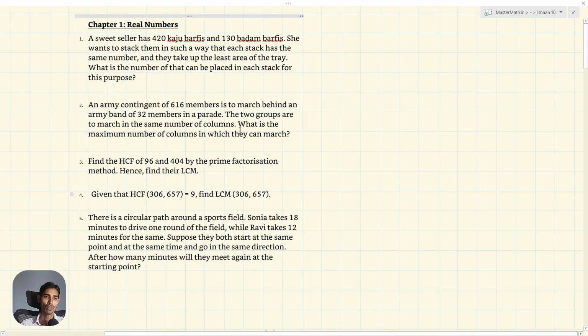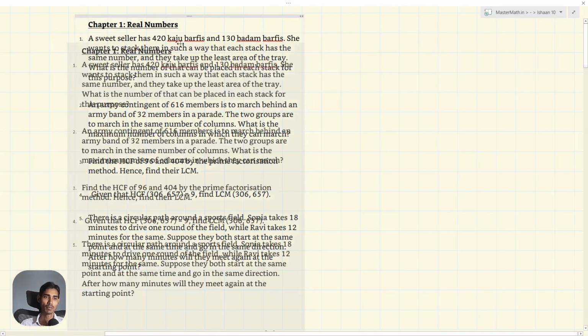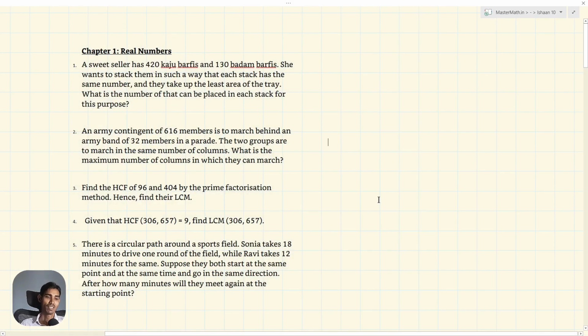So now we know how to find the LCM and HCF, but it is still a little tricky to guess what we have to find. Is it the HCF or the LCM that we need to find in the question? For that I have some small tips, but it is tricky for the most part.